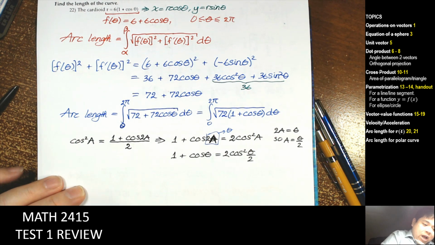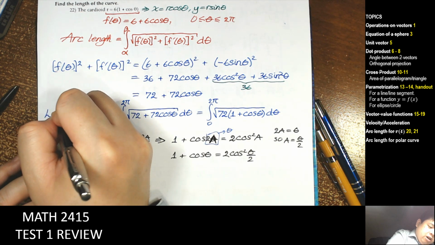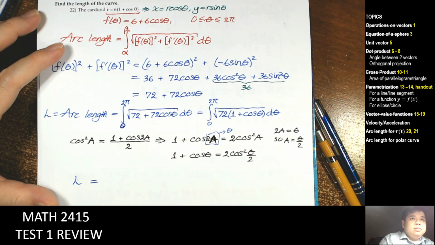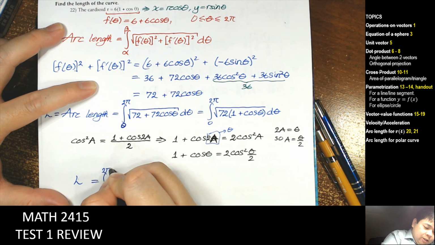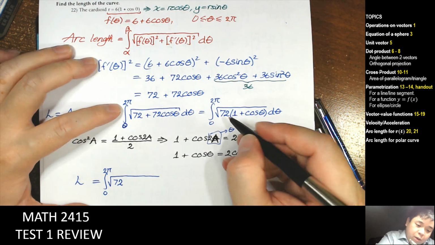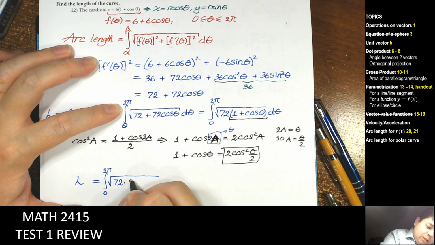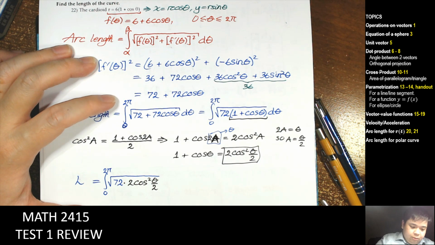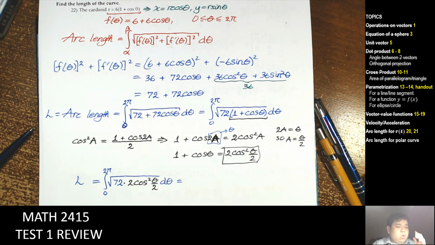Then we substitute back into the arc length. Let's say L is the arc length, from 0 to 2 pi, the square root of 72 times 1 plus cosine. We're going to use this. There's nothing wrong there.